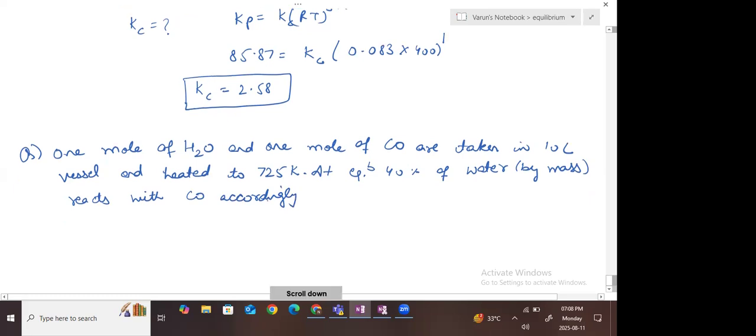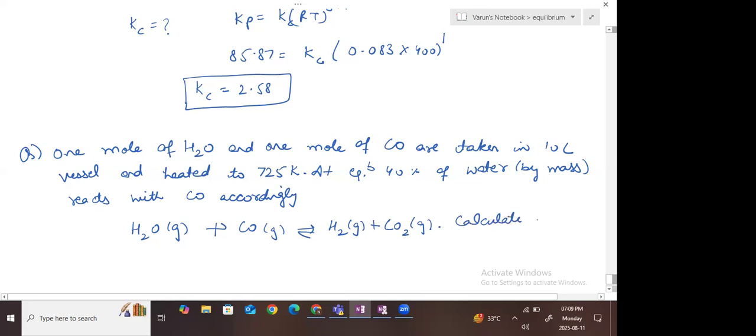Accordingly, you have to calculate K equilibrium. Just try to do it.